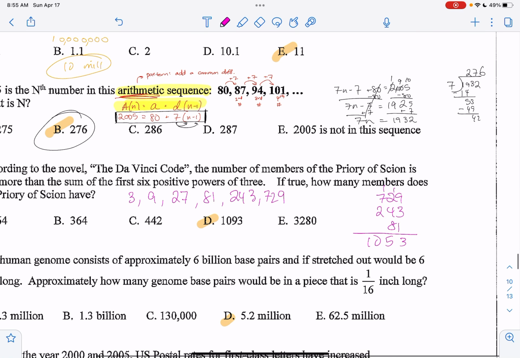And then you still have to add the first 3. That's 10 plus the 12 is 22.